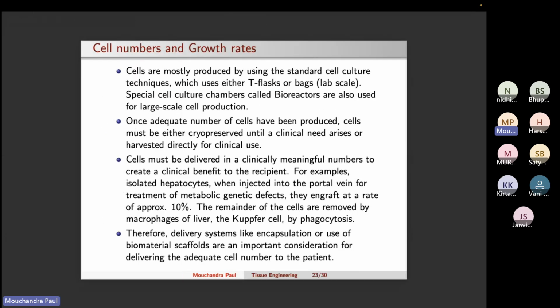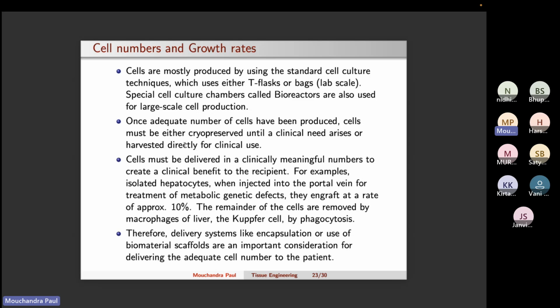Cells are mostly produced by using standard cell culture techniques, which use either T flasks or bags. Okay, and you can use special cell culture chambers called bioreactors if you want to produce a large quantity of cells. So bioreactor size can be varied. Okay, lab scale bioreactors and industry scale bioreactors come. So there you can produce trillions of cells at a time.